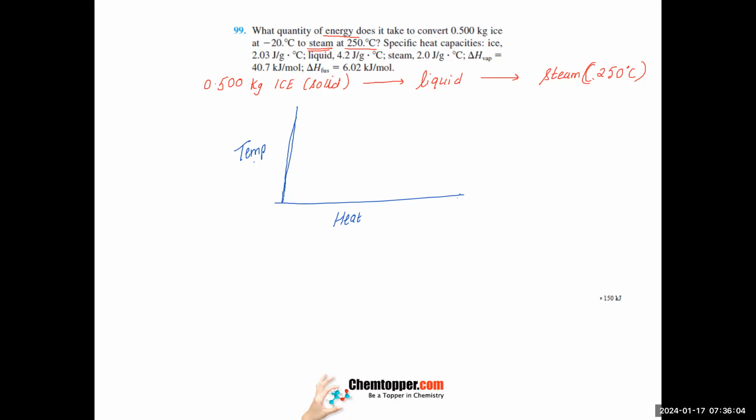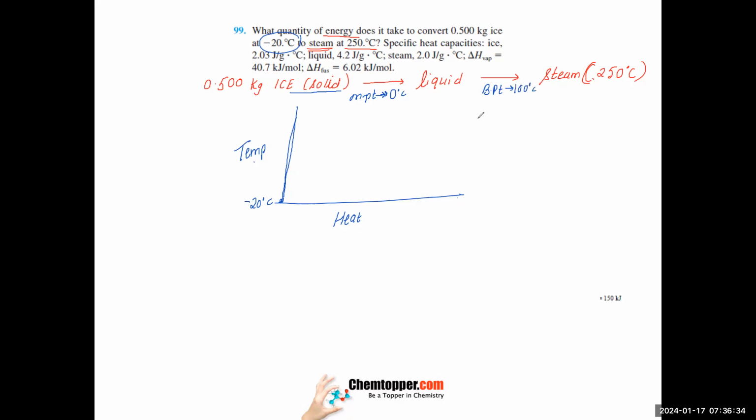Temperature, I have to start from -20. See here. Do you know the melting point of ice? We all know freezing point, melting point. What is the melting point? 0 degrees Celsius. What's the boiling point of water? 100 degrees Celsius.